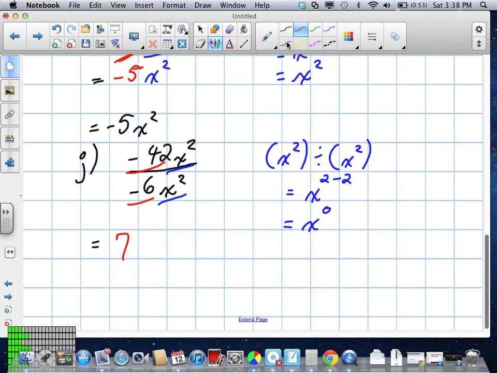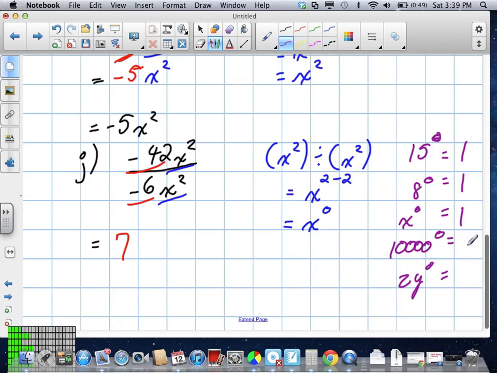Let's say I had 15 to the power of 0, 8 to the power of 0, x to the power of 0, 10 billion to the power of 0, y to the power of 0. They're all going to give us the exact same answer. That answer is 1. Any number to the power of 0 is 1.